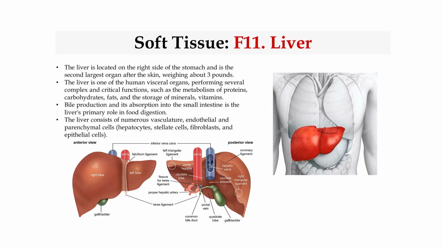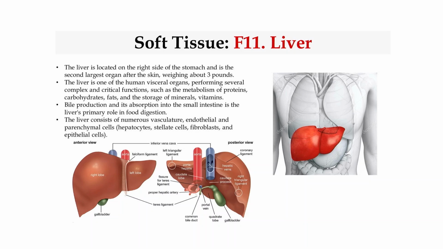The liver is one of the human visceral organs, performing several complex and critical functions such as the metabolism of proteins, carbohydrates, and fats, and the storage of minerals and vitamins, right? One of its primary functions is bile production, and its absorption into the small intestine is for food digestion, right? So one of the liver's primary functions is to digest food.